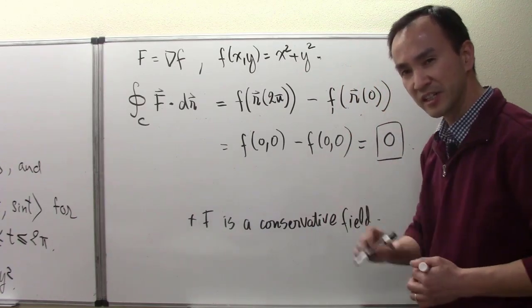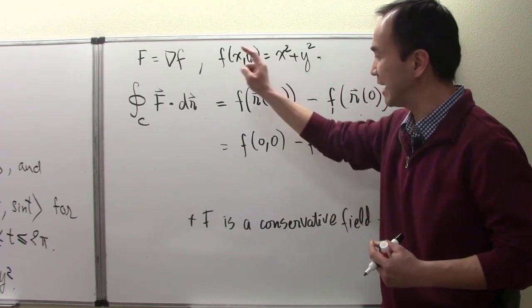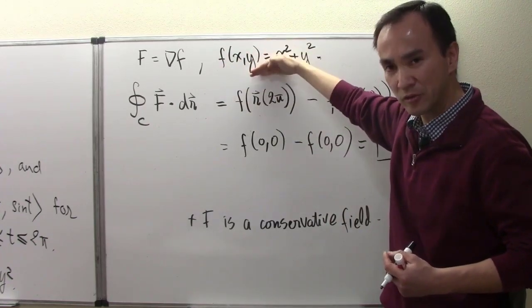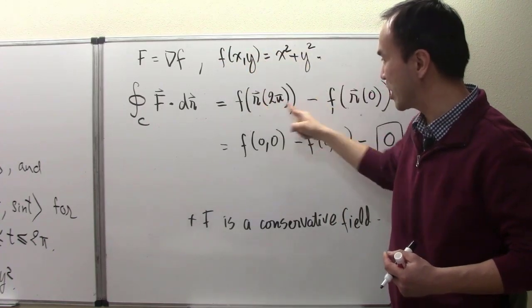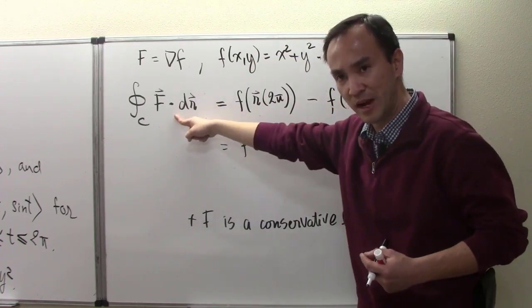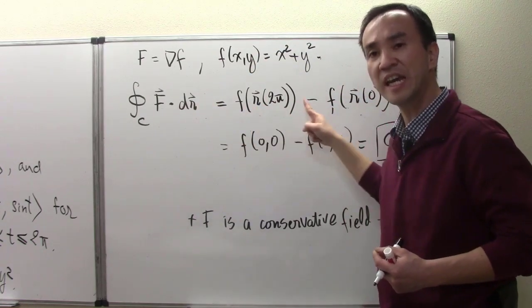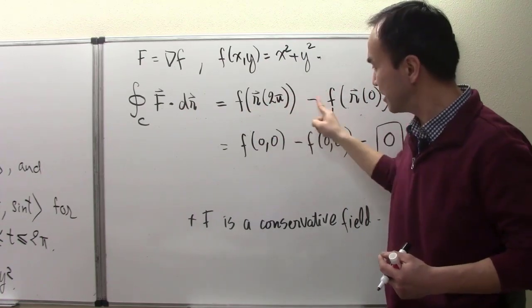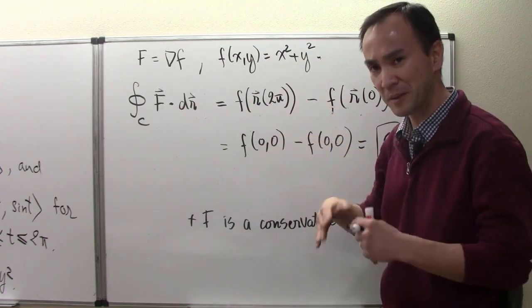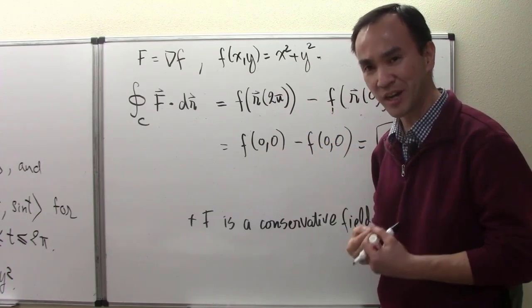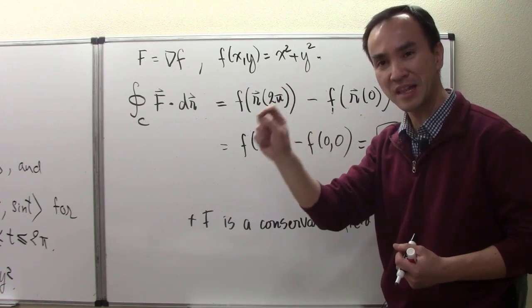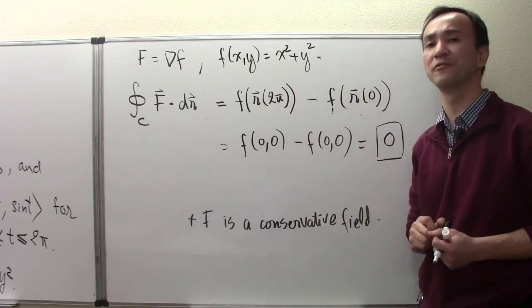And f being a conservative field is what allowed us to use the fundamental theorem of line integrals to calculate this line integral completely independently from the path parameterizations. Or in other words, as a reminder, anytime your field is a conservative field, it's path independent. Okay, your field is path independent.